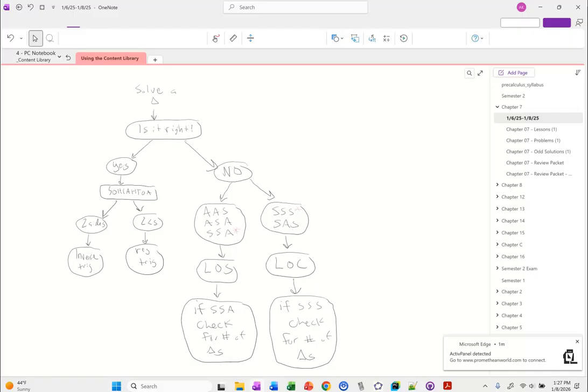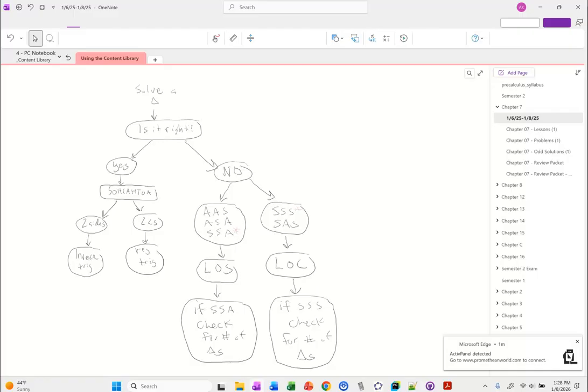And we talked about, depending on which starting information you're given, when to use the law of sines and the law of cosines. If you're given an angle-angle-side, angle-side-angle, or side-side-angle situation, you're going to use the law of sines. And if you're given a side-side-side or a side-angle-side, you're going to use the law of cosines.